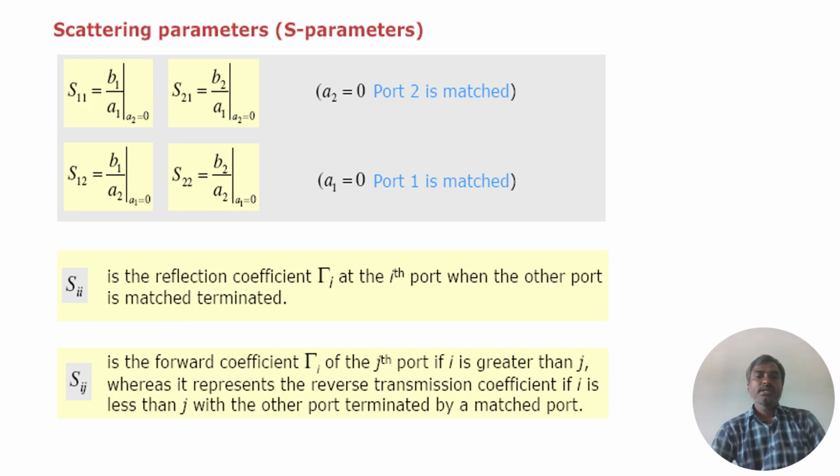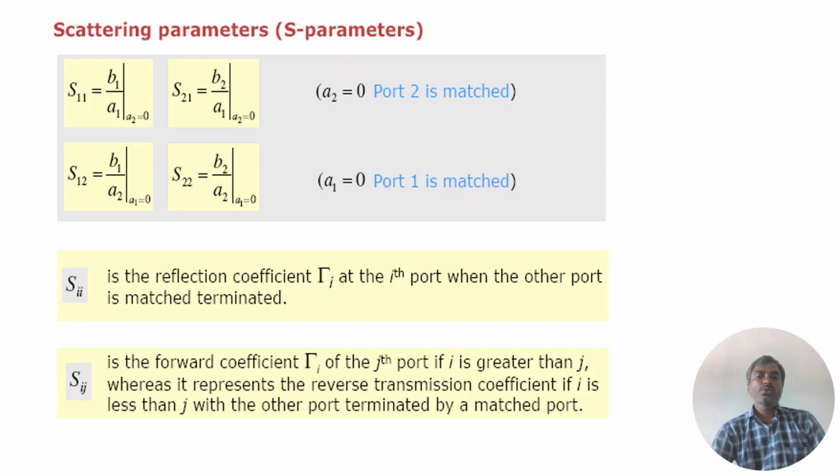S11 is the reflection coefficient, which is nothing but the ratio of power reflected at port 1 to the power incident at port 1, keeping zero input at port 2. Similarly, S21 is the transmission coefficient, which is the ratio of power output available at port 2 to the incident power at port 1, keeping zero power at port 2.